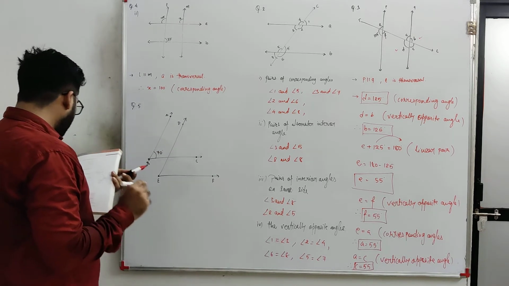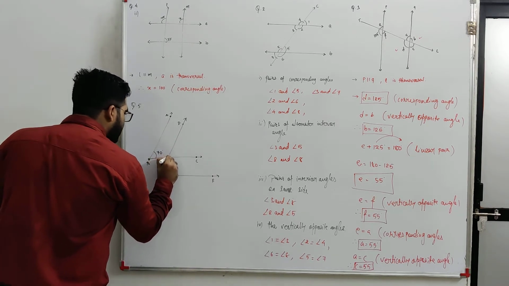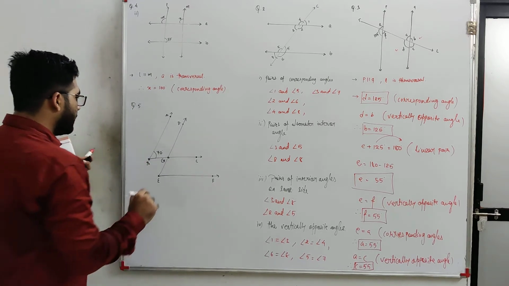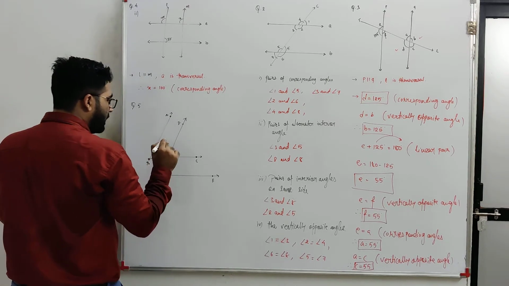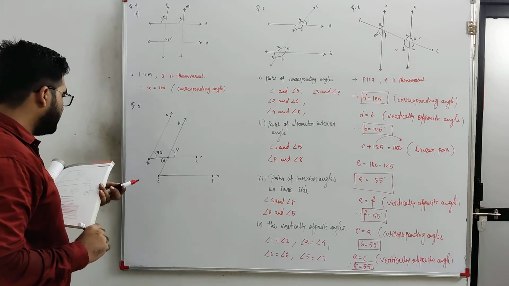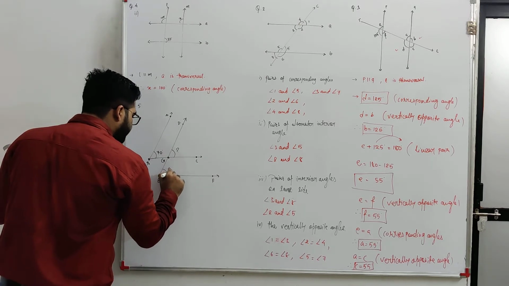Now, what have they said? Find angle DGC, the point where they intersect each other, that we can call G. So first I need to find this DGC, and second I need to find DEF.